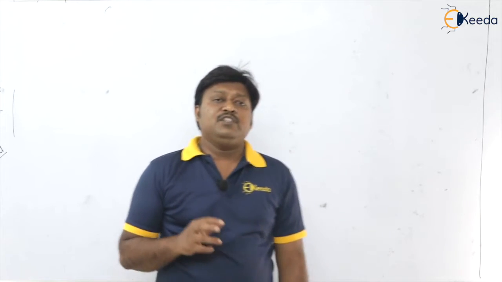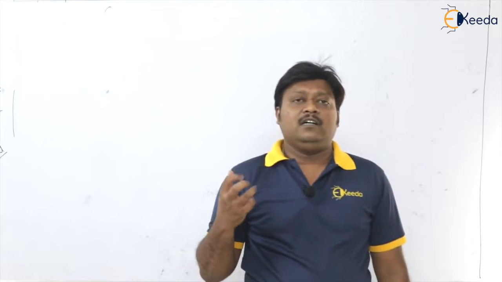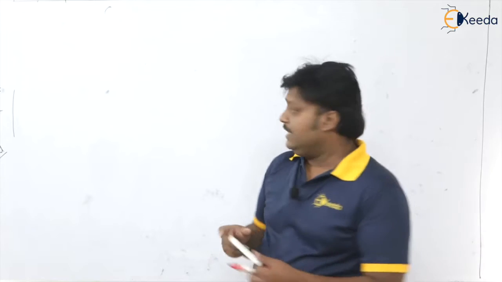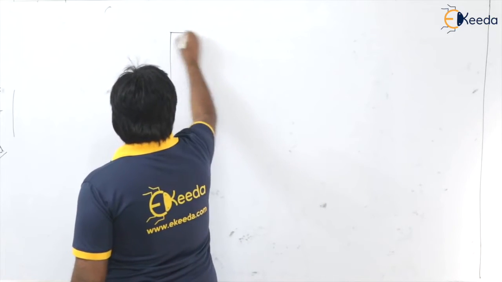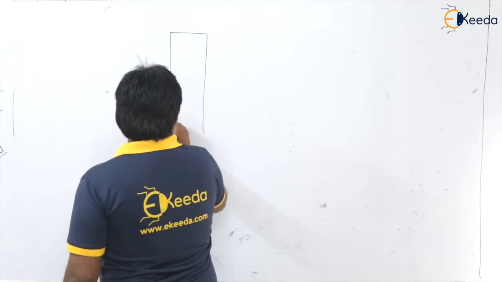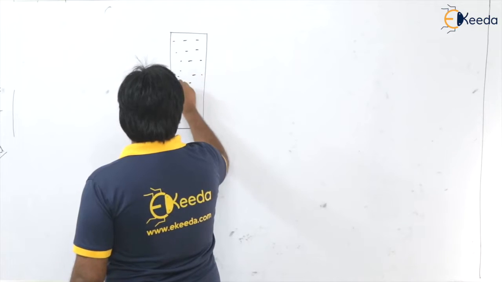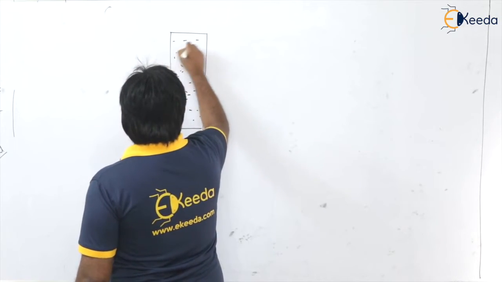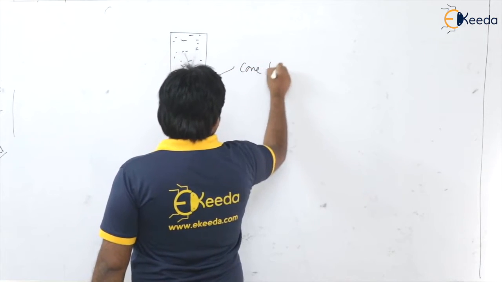Now if we see how these cores are made, they are basically made with dry sand with CO2 molding. Here, see, this is a core box. We are filling the dry sand here.